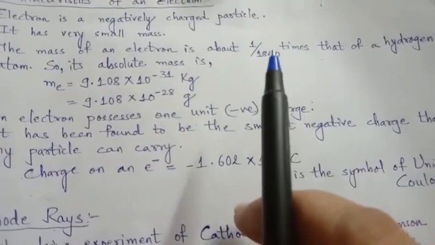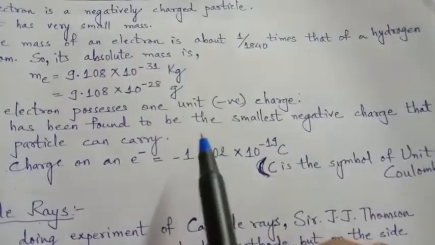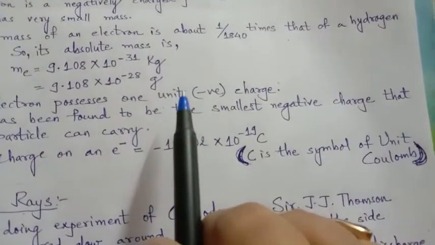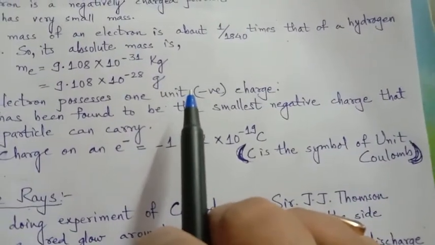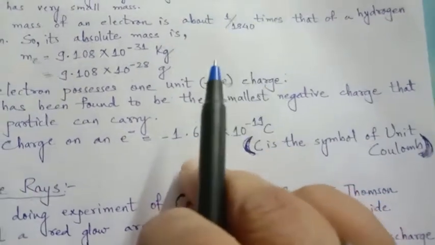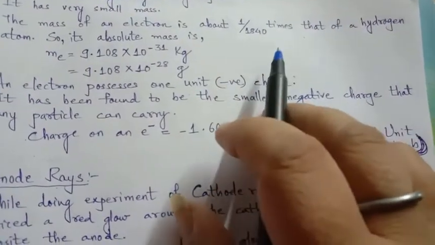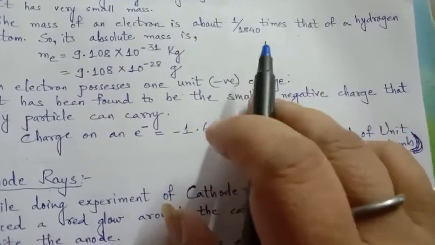Atomic mass is the addition of protons plus neutrons. Hydrogen is the only atom out of all 118 which has only 1 proton and no neutron. Its isotopes are deuterium and tritium, but hydrogen has only 1 proton. So its mass is 1 atomic mass unit.